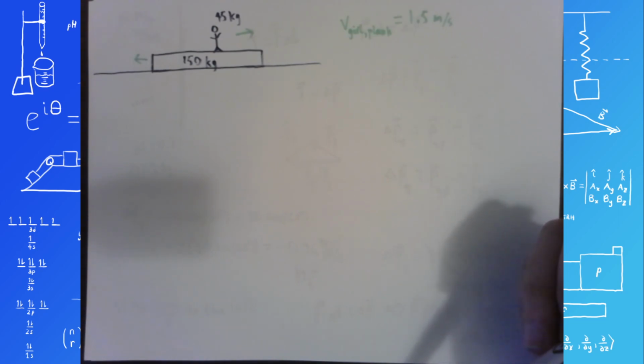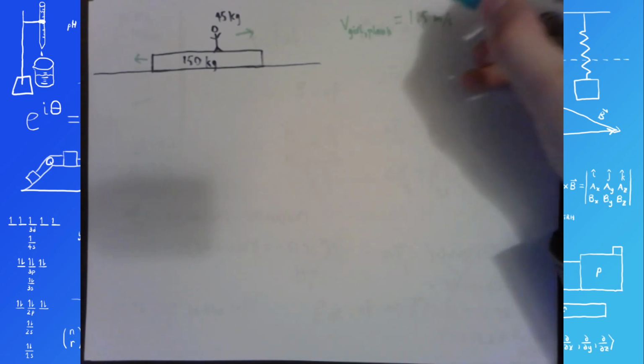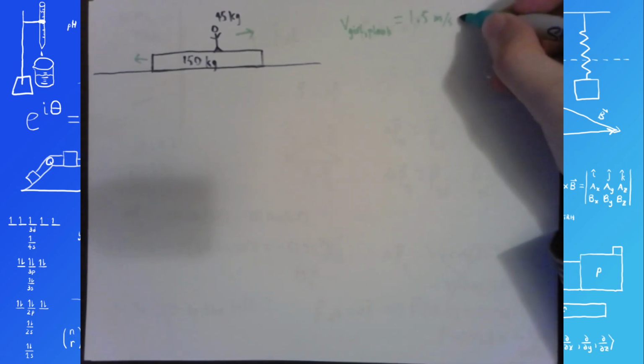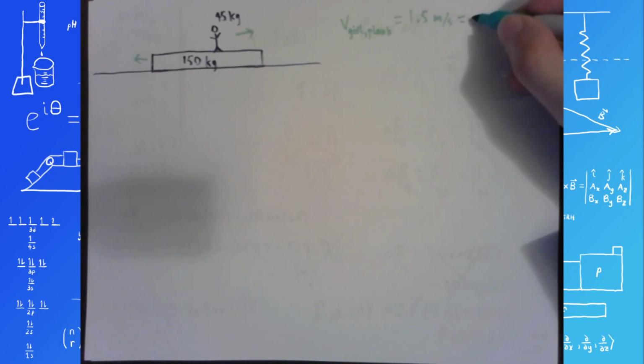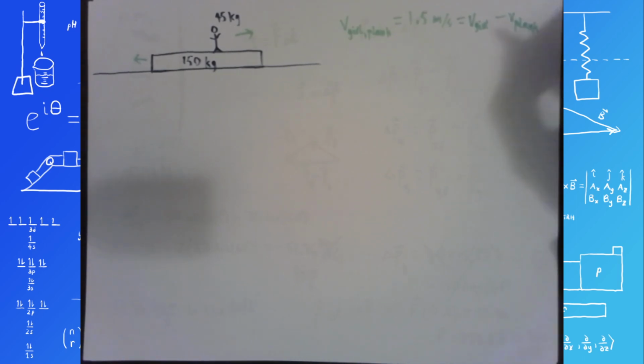Not just due to her own speed, but also due to the plank pulling and sliding back underneath her. So we can say that this is actually equal to V girl relative to the ice minus V plank relative to the ice.